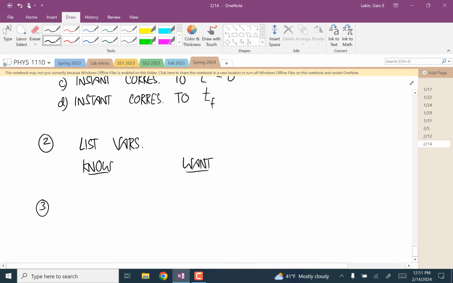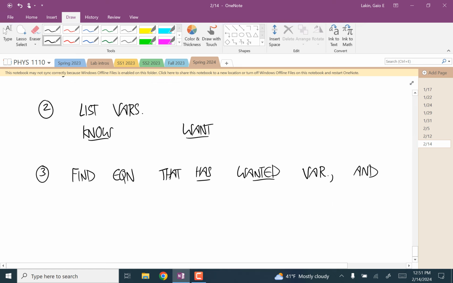Third is where you try to find the equation. And you know you have an equation that's going to work when, so you want to find an equation that has the wanted variable and every other variable in the equation is known.